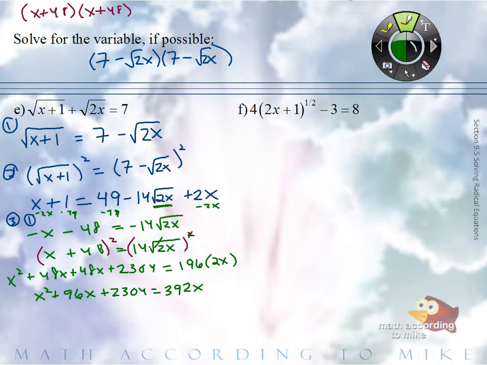And our previous ones were linear equations. And for linear, you got variable on one side and number on the other. Well, for quadratics, for all we know, you get everything to one side and you try to factor it. So we're going to bring this 392x to the other side by subtraction.